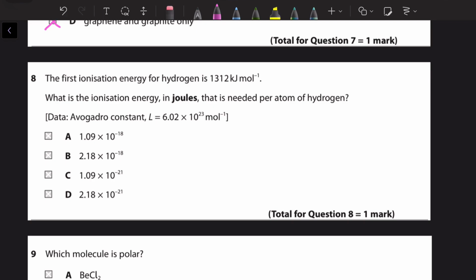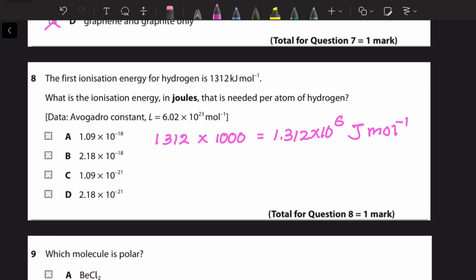First we convert kilojoules into joules: 1312 times 1000, then we get 1.312 times 10 to the power 6 joules per mole.